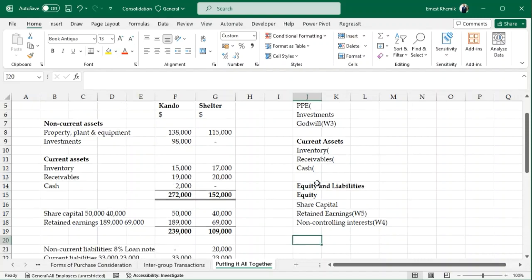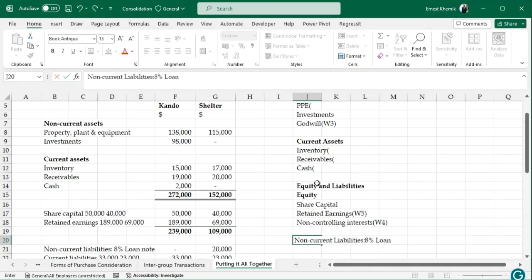Then we'll go to other elements, which is the non-current liabilities, and that is only one, the 8% loan notes.